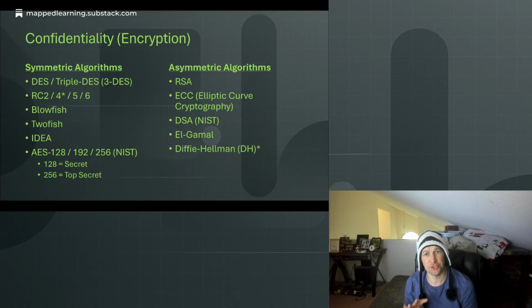Now, confidentiality. When we talk about confidentiality, we're talking about encryption. And what do we mean by encryption? What does that do? Well, if you understand the word encrypt, it means to code something. And when we code, say, a file, what we're doing is we are scrambling the contents into what's called a cipher.